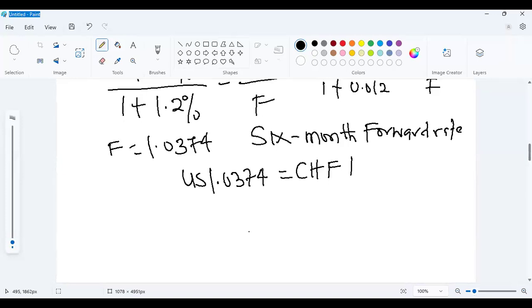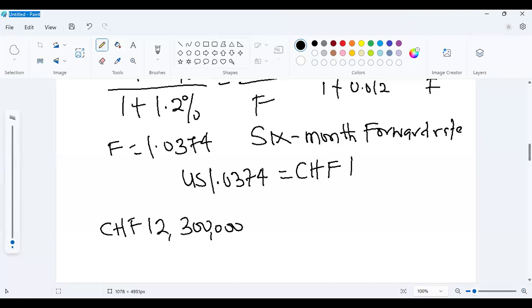We have estimated it. Now, we are expecting in 6 months CHF 12,300,000. We now want to convert CHF to dollars at this rate of 1.0374. Are we going to multiply or divide?